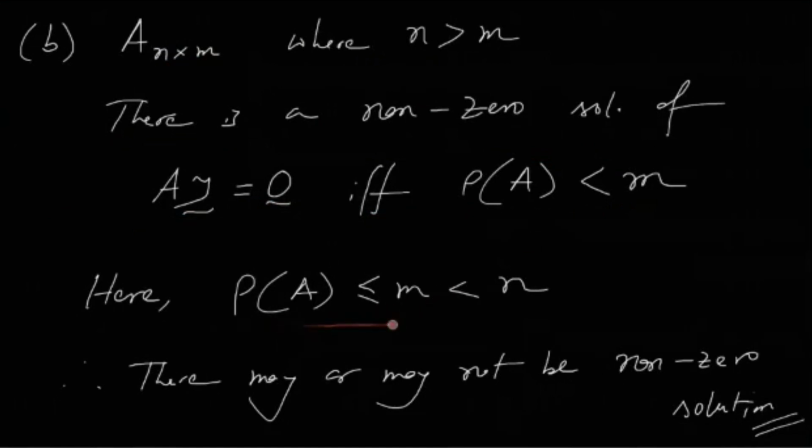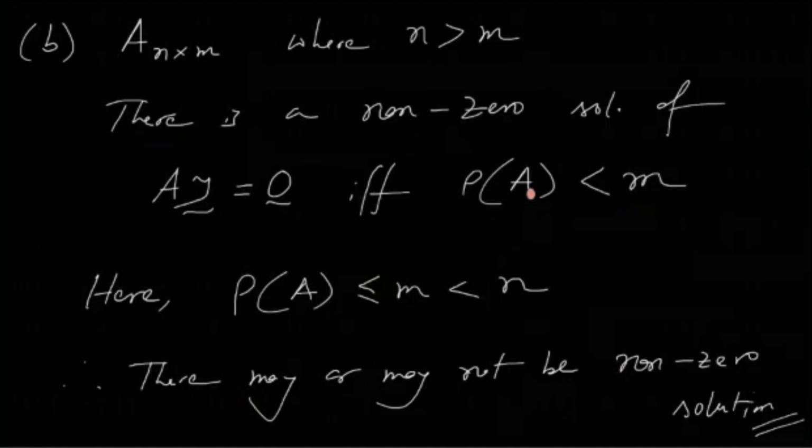Now here, the rank of A is less than or equal to m, because the rank of A is at most the minimum of the number of rows and the number of columns, the minimum of n and m. So the rank of A is less than or equal to m because m is the smaller one, which is less than n. Therefore, there may or may not be a non-zero solution.